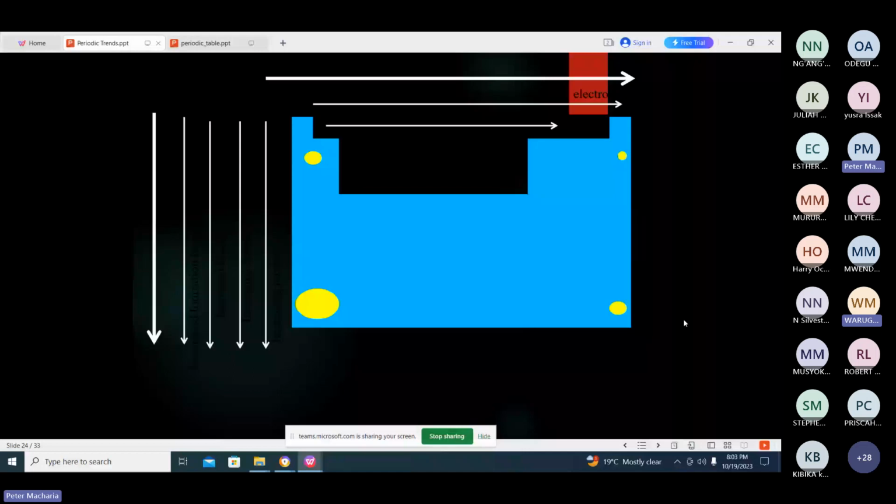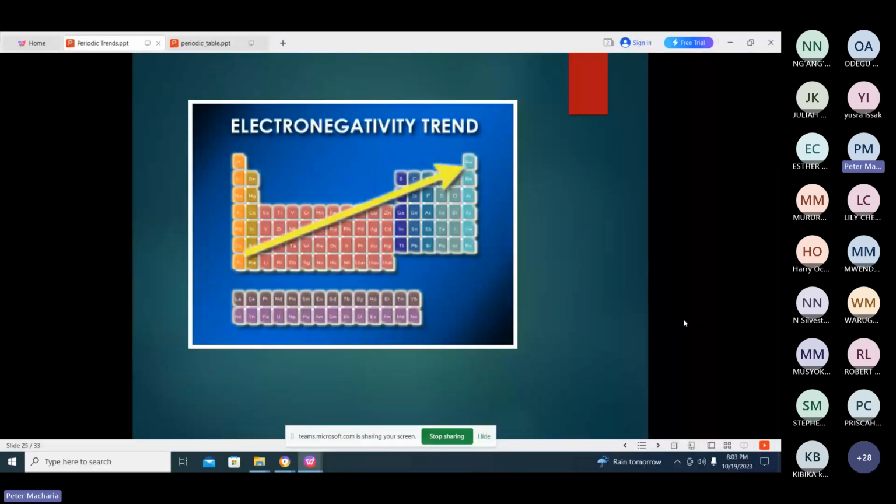So, the electronegativity trend is that it is minimum in group 1 at the lowest point, and is maximum in group 7 at fluorine.